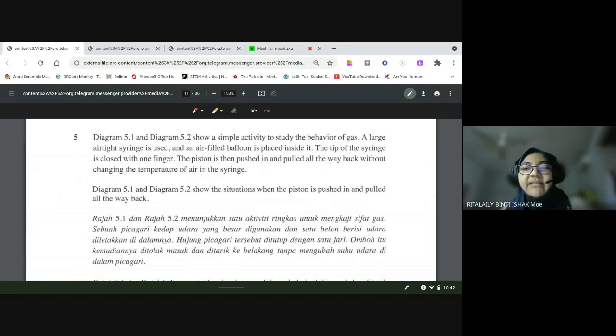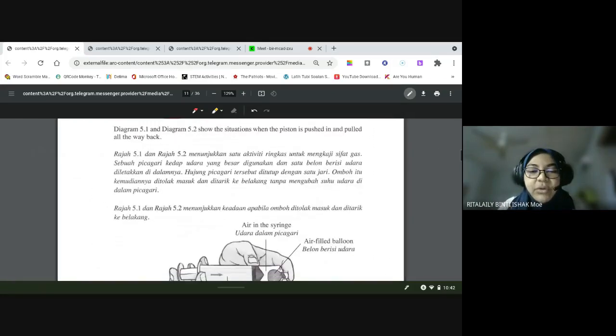The tip of the syringe is closed with one finger. The piston is then pushed in and pulled all the way back without changing the temperature. Okay, without changing the temperature. Lepas tu dia close, airtight. Show the situation when the piston is pushed and pulled all the way back. So, inilah gambar rajah dia.